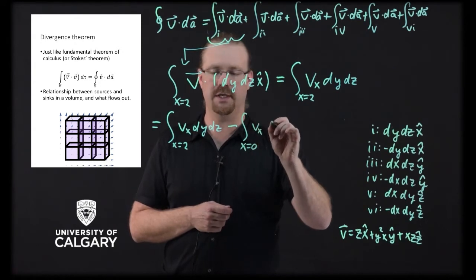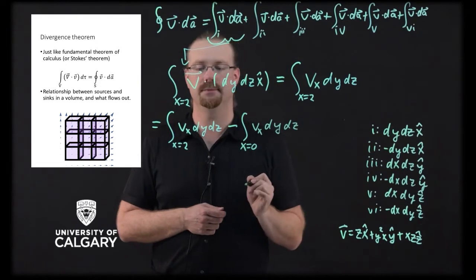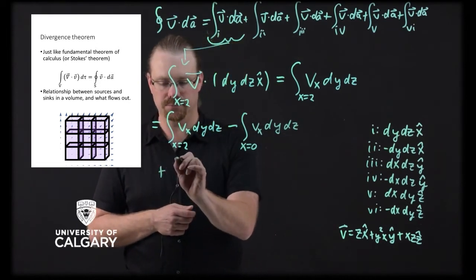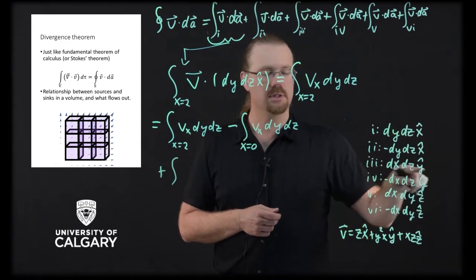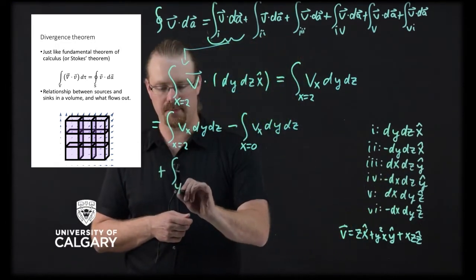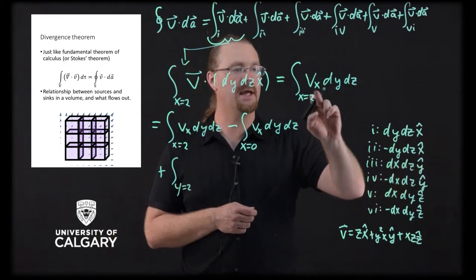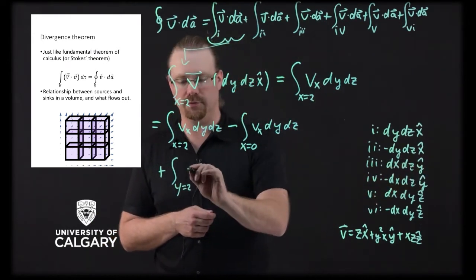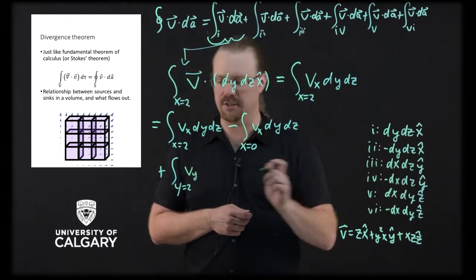But once again, it's vx dy dz. Then we're going to add that to this surface right here, and this surface is where y equals 2. And we're going to have the dot product, but this time, because we've got the y hat, we're going to get a y component of v as opposed to the x component, and that's going to leave us with dx dz.